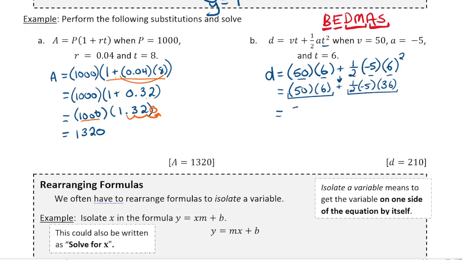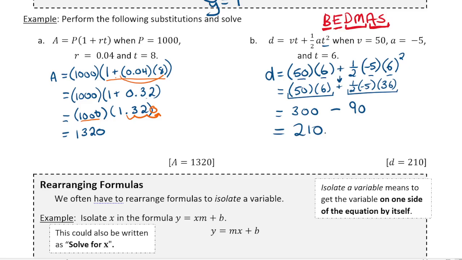So 50 times 6 is 300. 1/2 times 36 would be 18, times 5 would be 90, but it's negative. Whoops. So not plus. We have minus 90. I'm just going to double check on my calculator that my mental math is correct. 5 times 36 divided by 2, 90. Good. And then we just do the addition and subtraction last, which is 210.